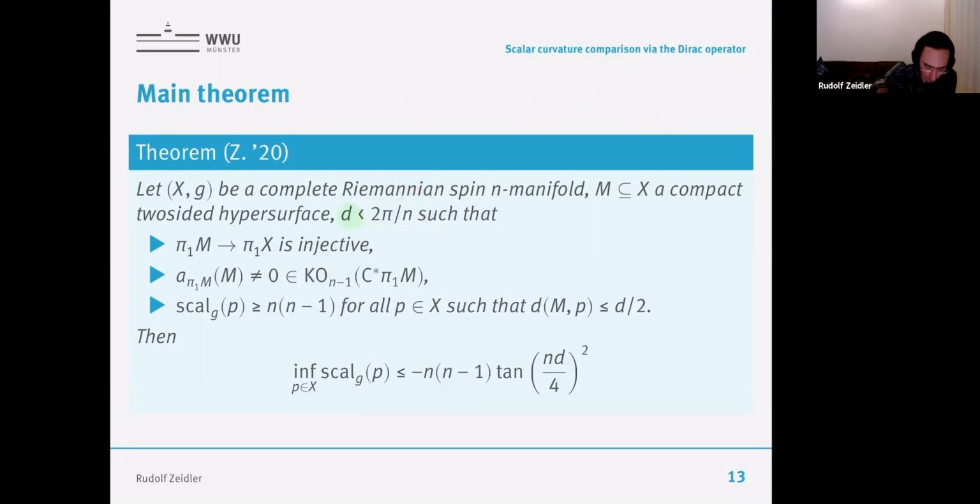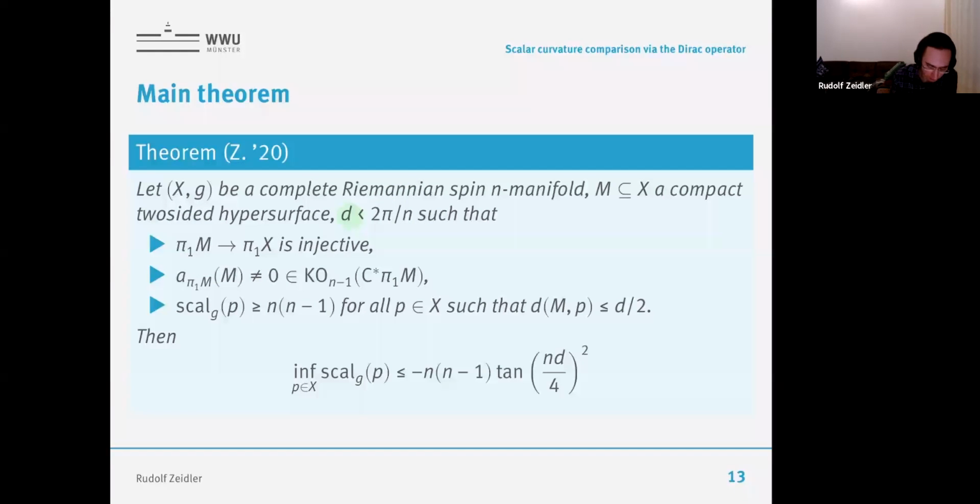First of all, I want the inclusion map of M into X to be injective on the fundamental group. And now I want the Rosenberg index of this submanifold M to be non-zero. This should be a closed manifold, so this makes sense.